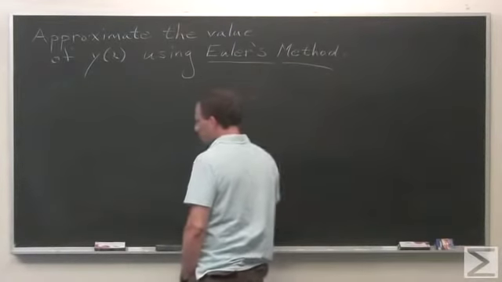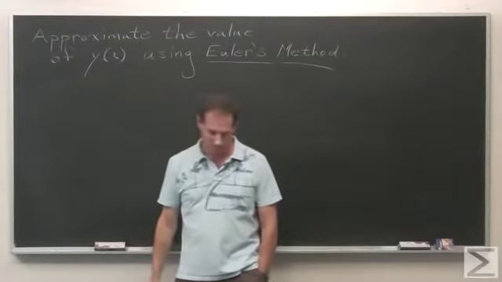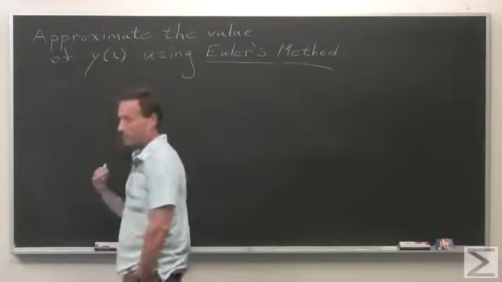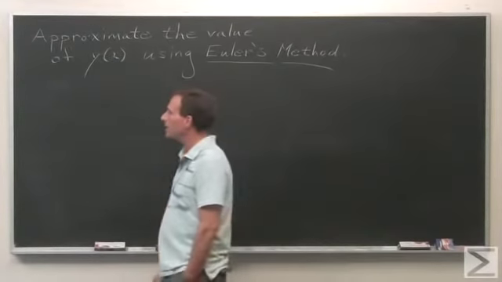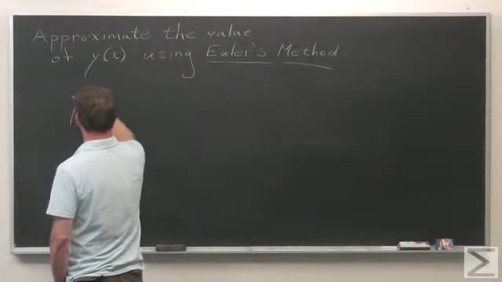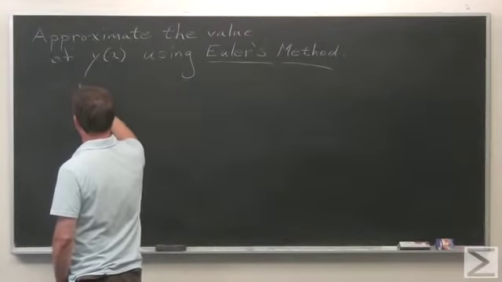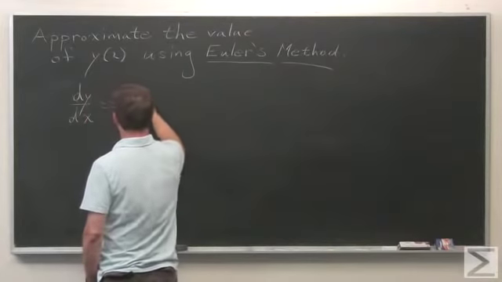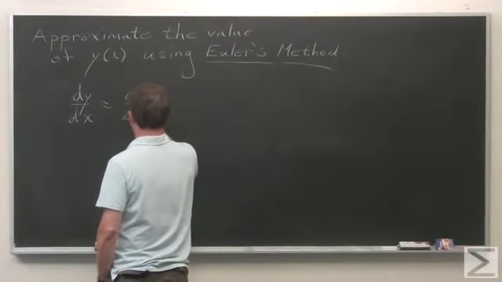And Euler's method is the easiest method. It's just the realization that it's actually just linear approximation. If you remember linear approximation, or even if you don't, I'll tell you what it is. One way to think of it is that dy/dx is approximately delta y over delta x.